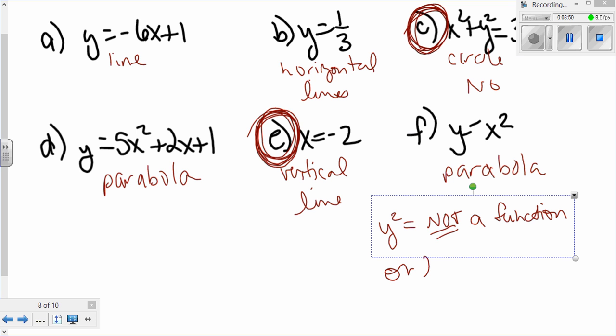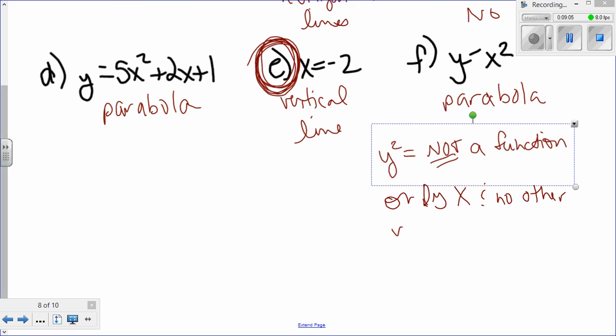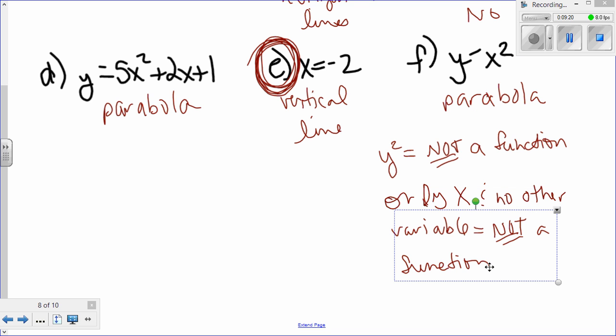If you only have an x and no other variable, that is not a function. Okay? All right, good.